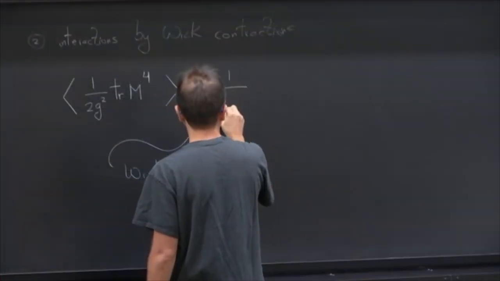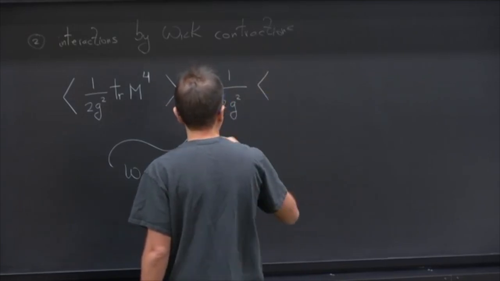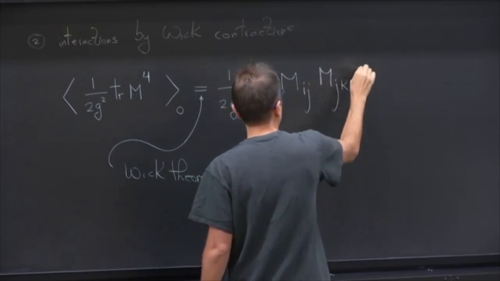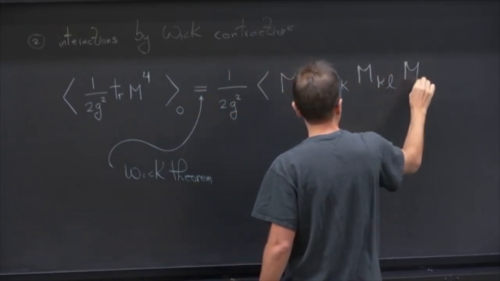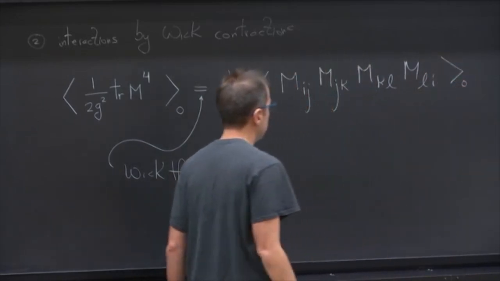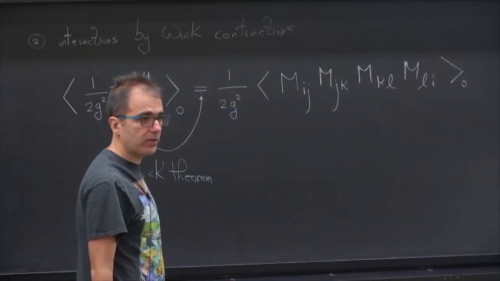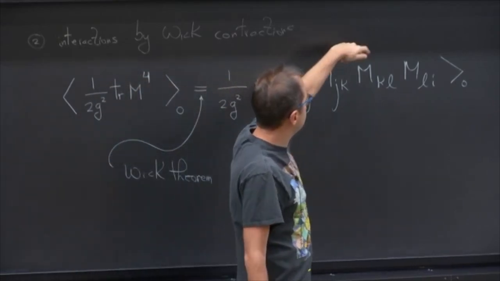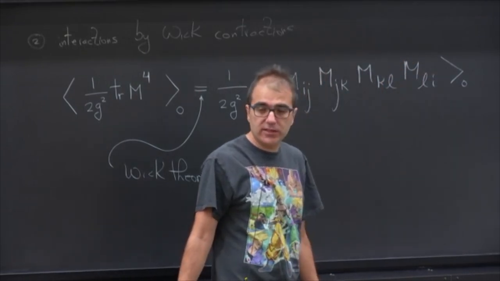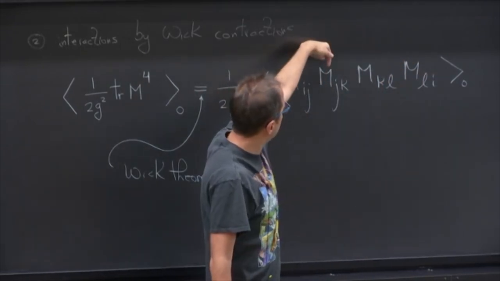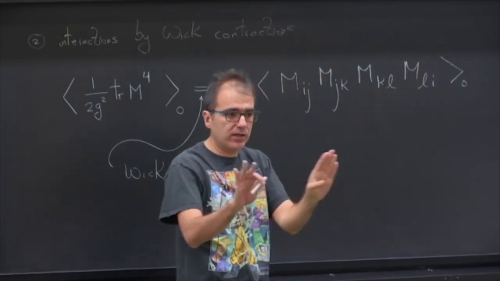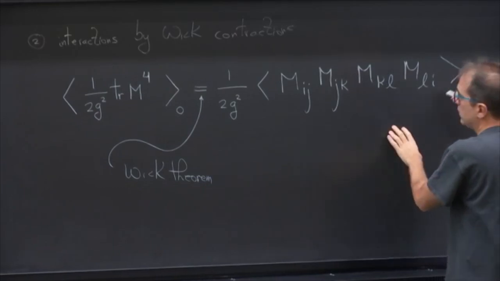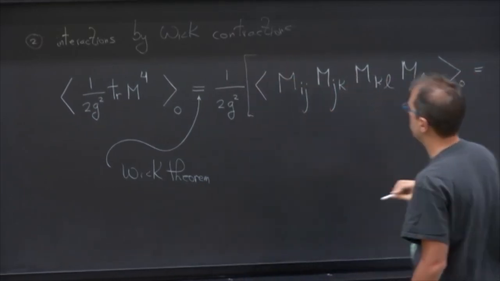So this is 1 over 2g squared. Expectation value of, now let's write the trace, mij, mjk, mkl, mli in the Gaussian theory. Now you have 4 fields, and all you have to do is take the first one and contract it with this, this, or this. Do all possible contractions. There are 3 terms, right? Because the first guy can marry with the second, the third, or the fourth, and then the other 2 are left, and they have to be paired. Let me put a bracket here so that I don't carry this 1 over 2g squared.